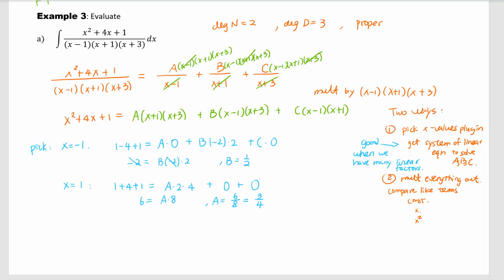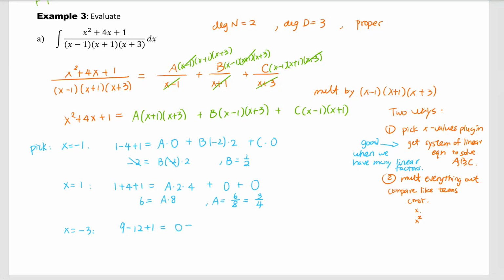Okay, how about the next one? What values shall we plug in? Well, we look at this factor. What values can make this factor 0? Well, we plug in -3, right? -3 squared is 9. 4 times -3 is -12. The first term has the factor x plus 3, so it's 0.